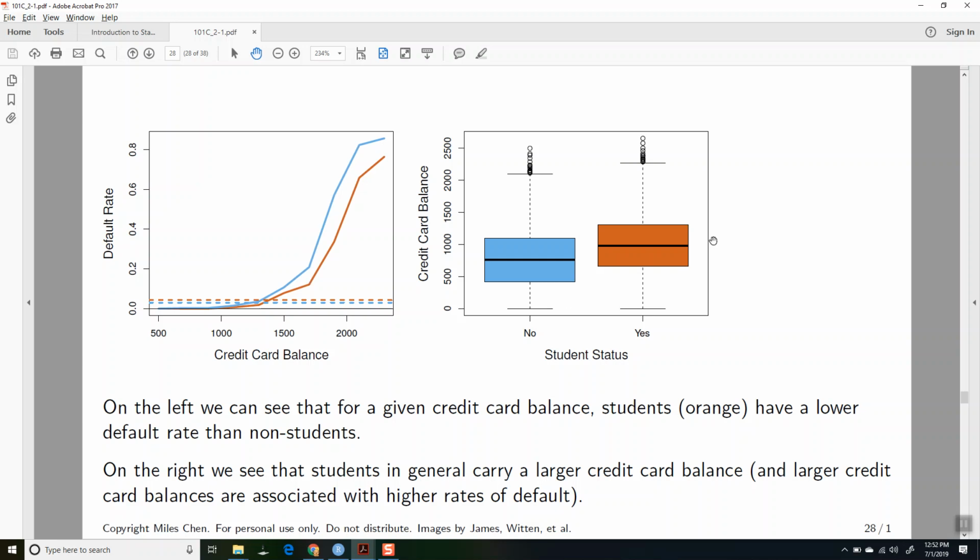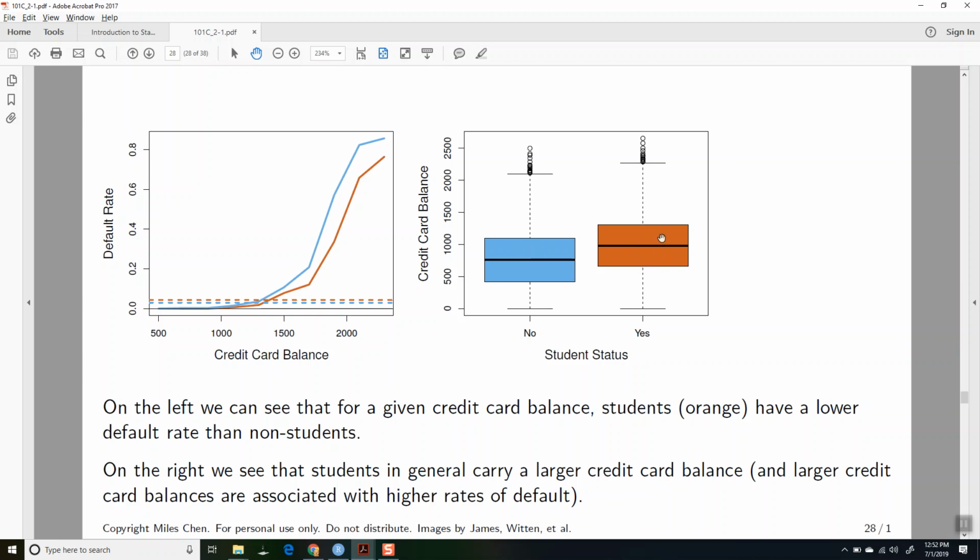But what's going on? The reason why overall the default rate of students is higher than for non-students is that if you look at the credit card balances, the students overall have a higher credit card balance than the non-students.